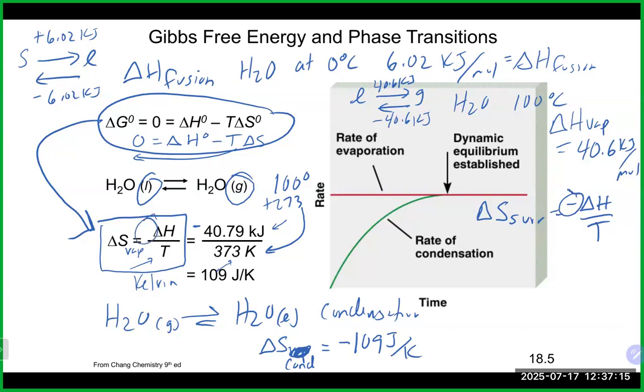Here, when you rearrange it, there is no negative. And oftentimes people want to put the negative into this equation because they remember the other one. So if you're doing the delta S of surroundings, that one should have the negative. If you're doing something like a phase change, where you're rearranging this equation, you should not end up with a negative. And again, people always want to put it in there.